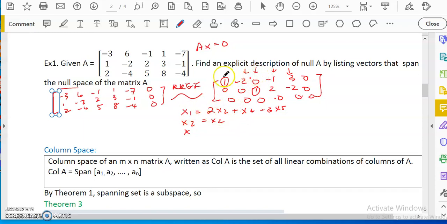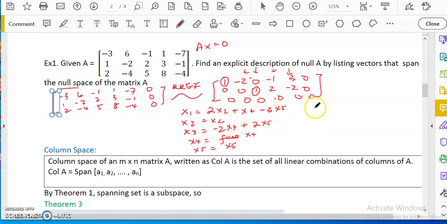X1 is a basic variable, X3 is a basic variable, and we can write them in terms of the others. X3 is equal to negative 2 x4 plus 2 x5, right? And then there's no more. So x4 is free, x5 is free. When a variable is free, we write x4 as x4, and x5 as x5.